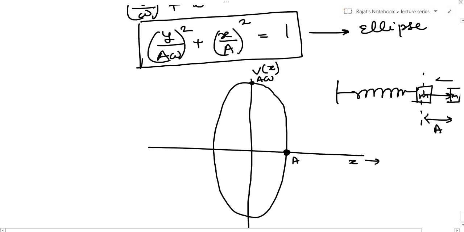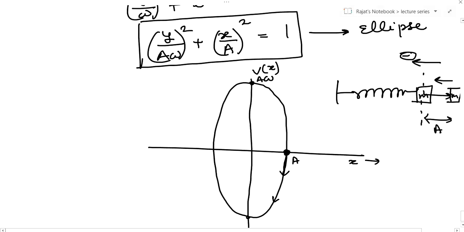As it starts moving towards the left, velocity will be negative because velocity is in the negative direction. This is the variation of velocity, not the particle, but I'm just showing you in which direction velocity will go. So this is how velocity starts to change.